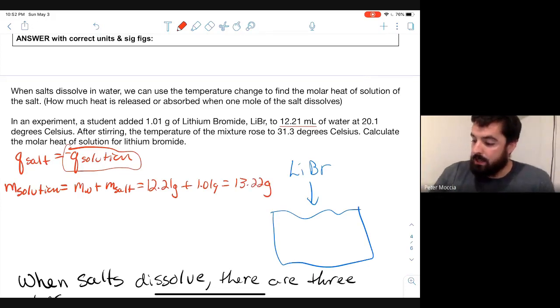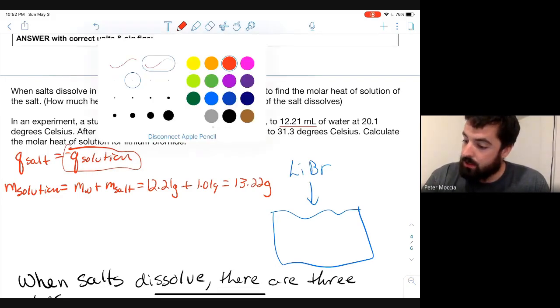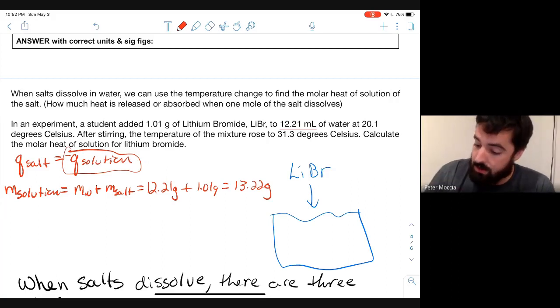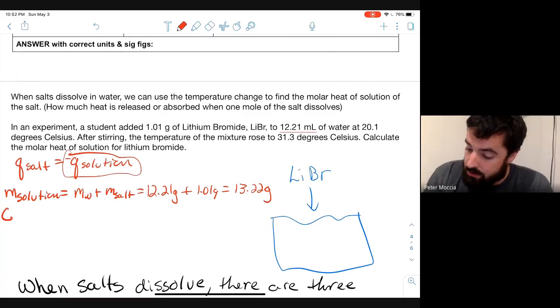And then, even though it's a solution, you can still use the specific heat of water. It's close enough. So we're going to say C is equal to 4.18 joules per gram degree Celsius.